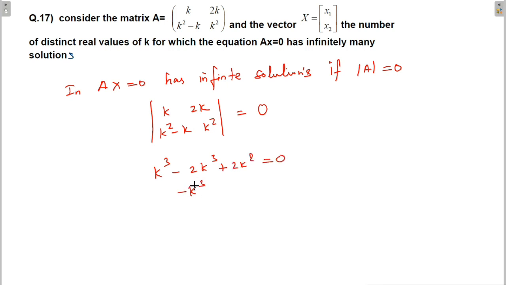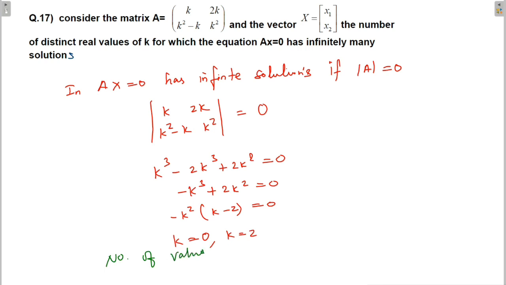So minus k power 3 plus 2k square equal to 0. If you take minus k square as a common term, you may get k minus 2 equal to 0. So k equal to 0 and k equal to 2. So number of values of k is, the counting is 2.